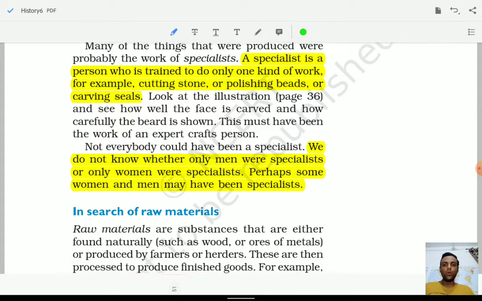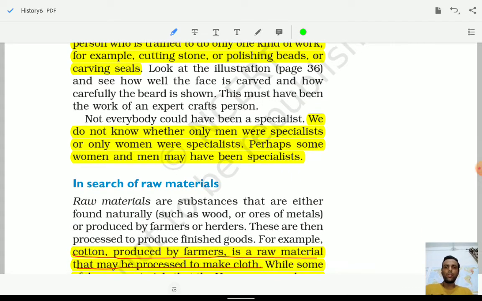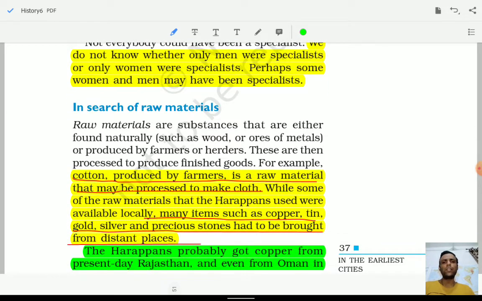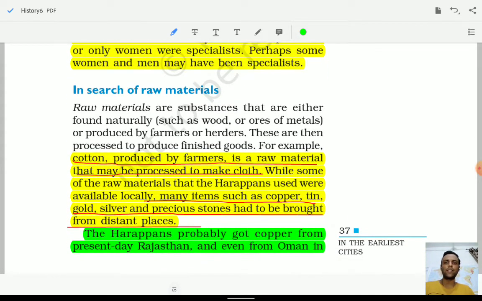We do not know whether only men were specialists or women were specialists, because all this is just an assumption based on understanding of the site. We cannot say certainly, because we do not have evidence that these works were assigned only to women and those only to men. Perhaps some women and men may both have been specialists.